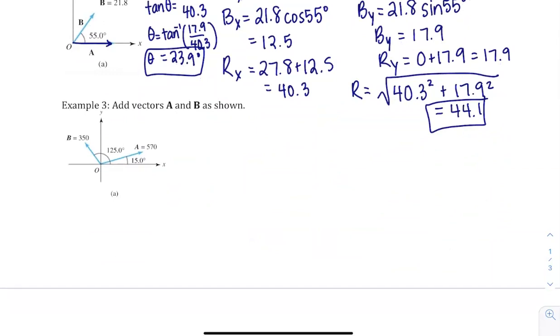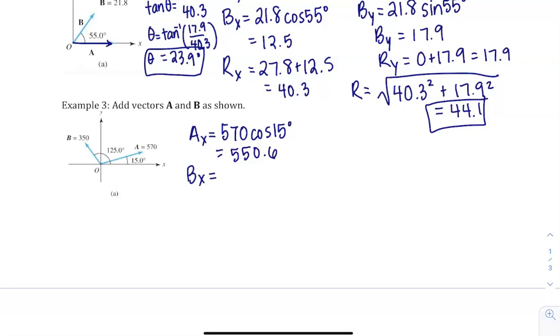We'll do one more here, adding A and B. Now this time we have A at an angle of 15 degrees and B at an angle of 125. So first things first, we need to resolve these into the components. The magnitude of A is 570, and so the x will be times cosine of the angle 15. So it's 550.6.